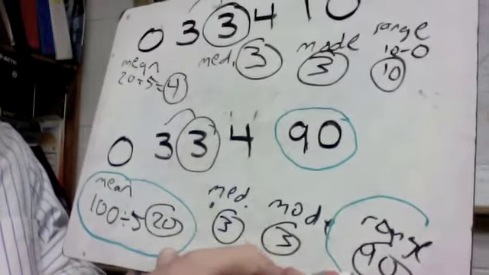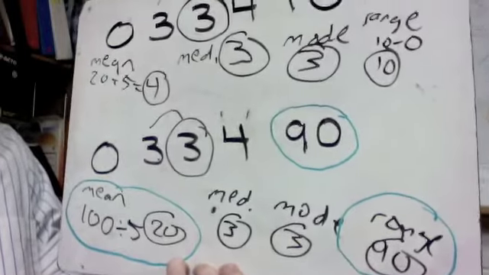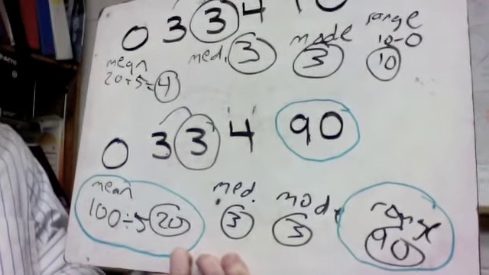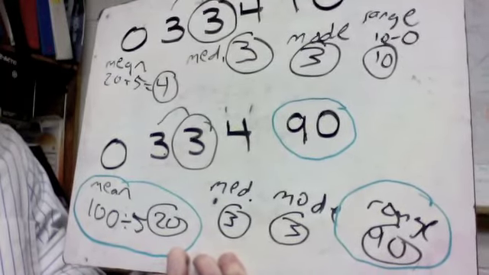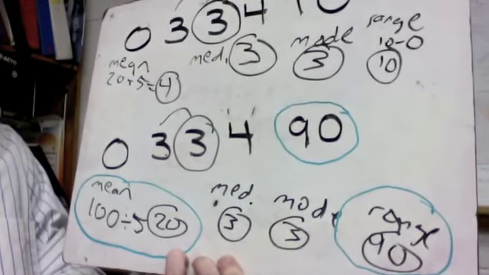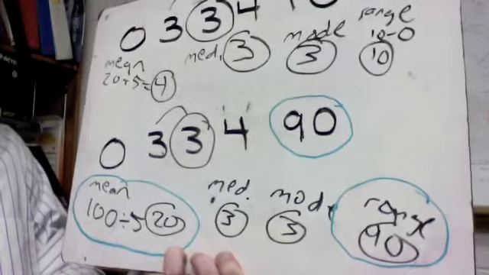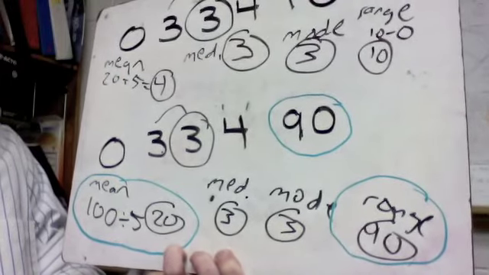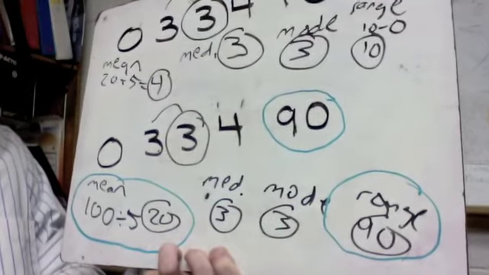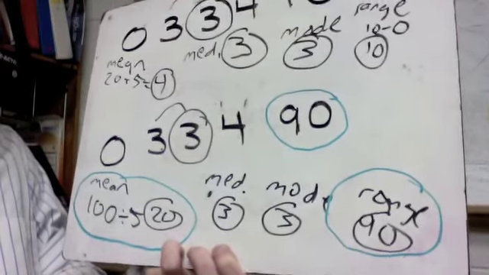Also, look at the range. The range could change drastically with the insertion of an outlier. So keep that in mind as we're going through these problems. If you have an outlier, a number that doesn't fit the rest of the set, the things that are going to be affected most will be the mean and the range. Affected least, median and mode.